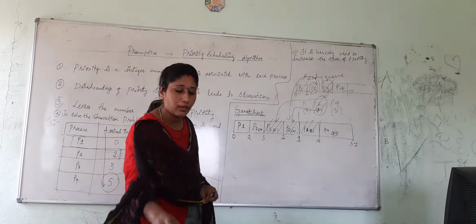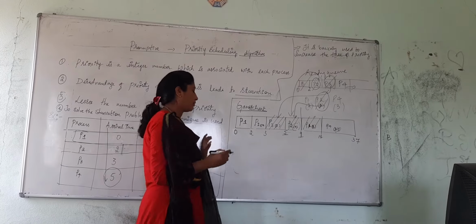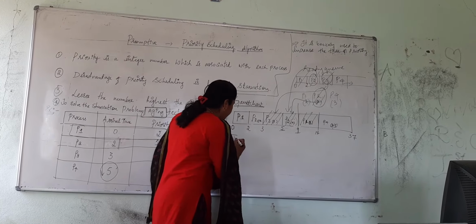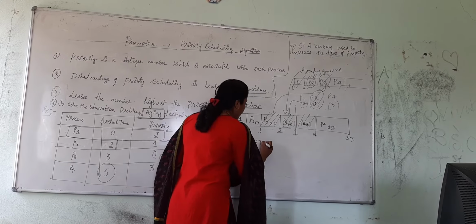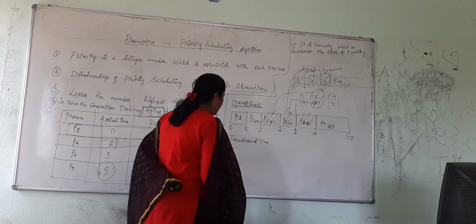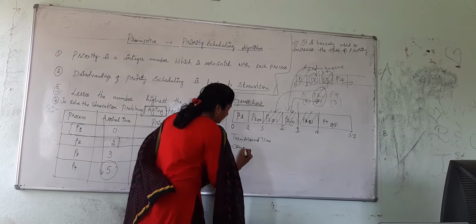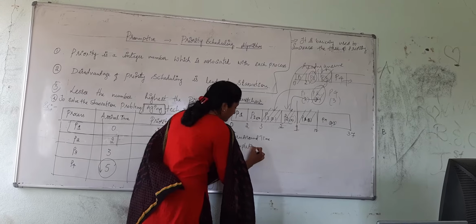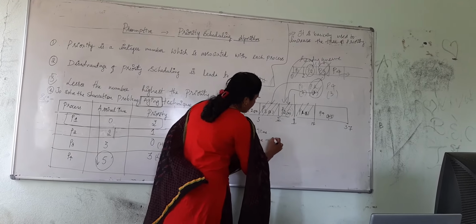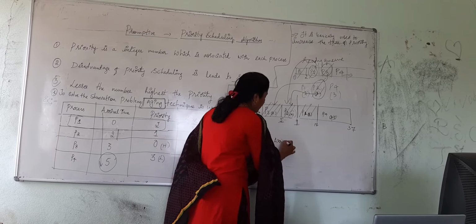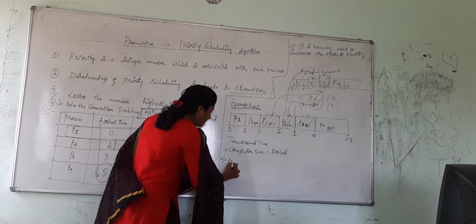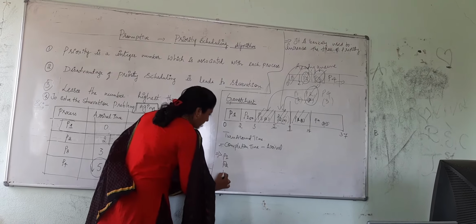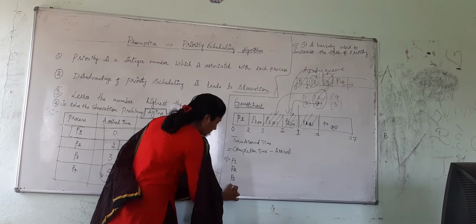In yesterday's class, what did we do? What is the turnaround time formula? The formula is completion time minus arrival time. Now we apply it for each and every process: P1, P2, P3 and P4.